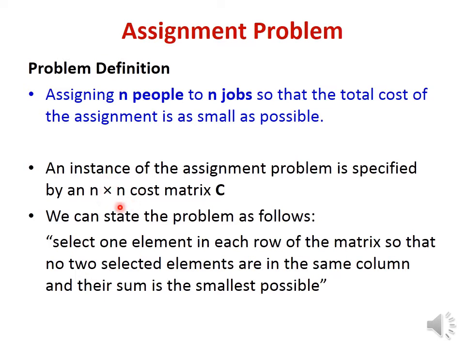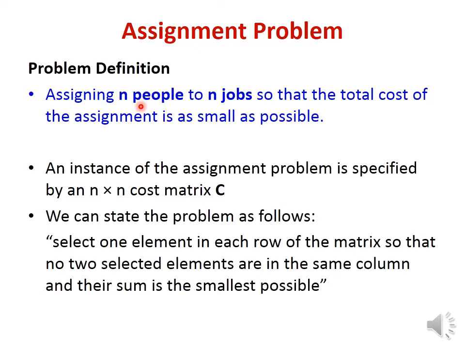So the basic objective is we need to find such an assignment. Each person needs to be assigned one job. Of course, one job can be done by only one person, and one person can do only one job. So we need to do n one-to-one assignments.